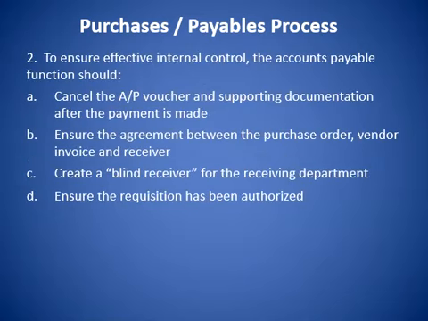Number 2, to ensure effective internal control, the accounts payable function should, and again we're given 4 possibilities. Stop the video when you've made your choice, then restart your video.